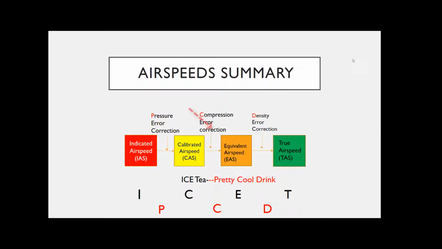Equivalent airspeed is used at higher altitudes and speeds to correct for the fact that air now behaves as a compressible gas. True airspeed can then be derived from this equivalent airspeed by correcting for density at that particular altitude. This can all be easily remembered by using the mnemonic ICE T: pretty cool drink.